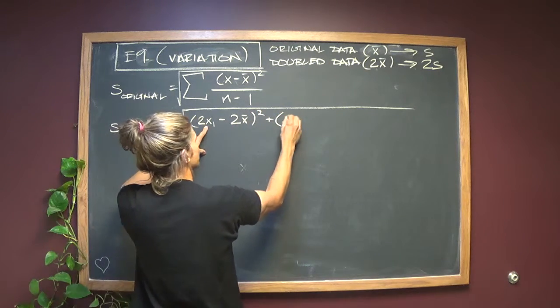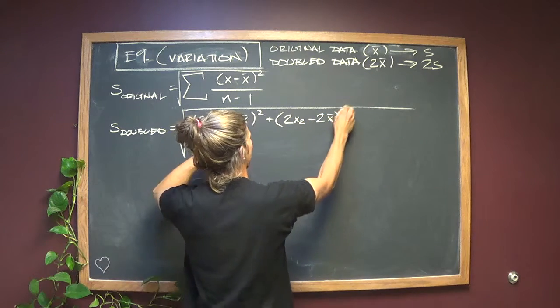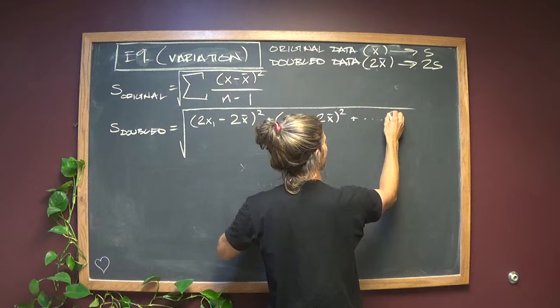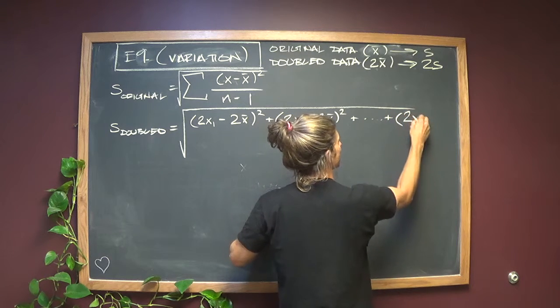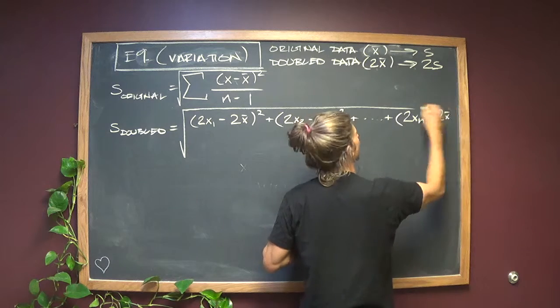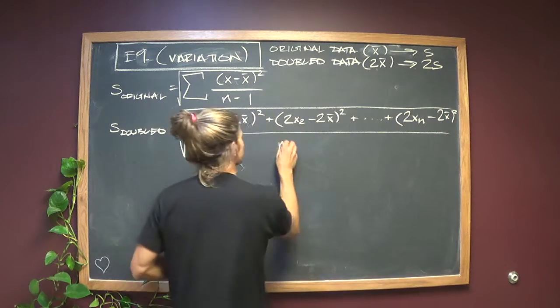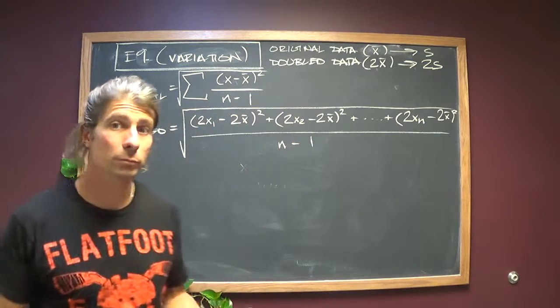The next data point is doubled x2 minus 2 times x bar, squared. And this is going to continue all the way down the line until we get to the last data point, 2 times x sub n minus 2 x bar, that whole thing squared. And we're going to divide the whole thing by n minus 1. Cool so far?